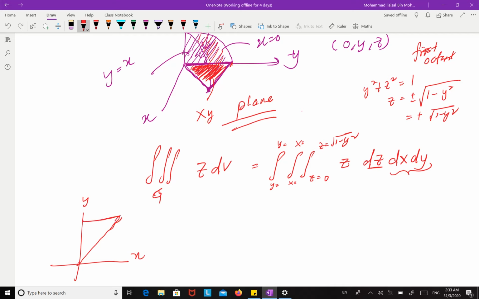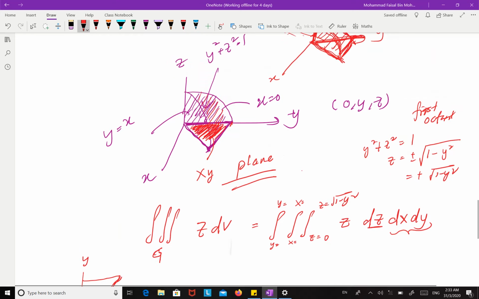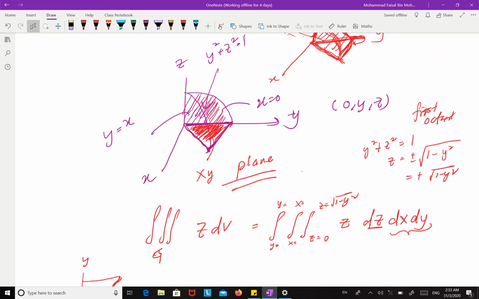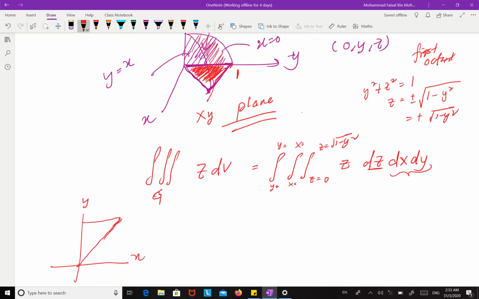This is the region. This is 1, because the radius is 1. We cut at y equals 1, and this is y equals x.